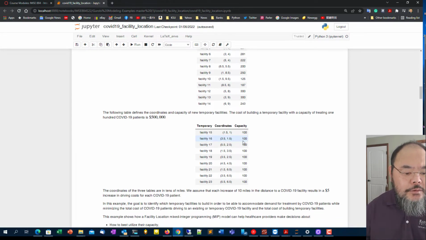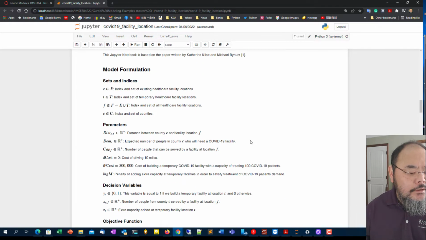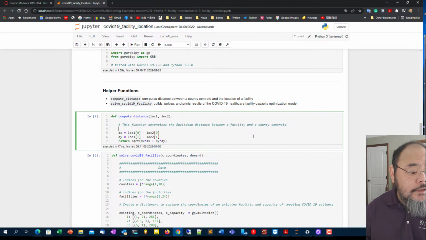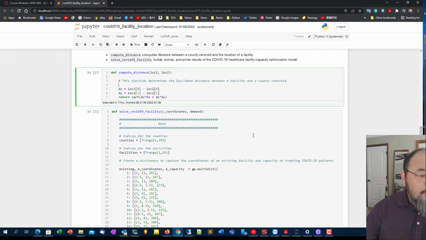Also, they have the coordinates. Between each county and either the temporary or existing facility, we have to calculate the distance, and then we can use that as a base to calculate the traveling cost for the customer.